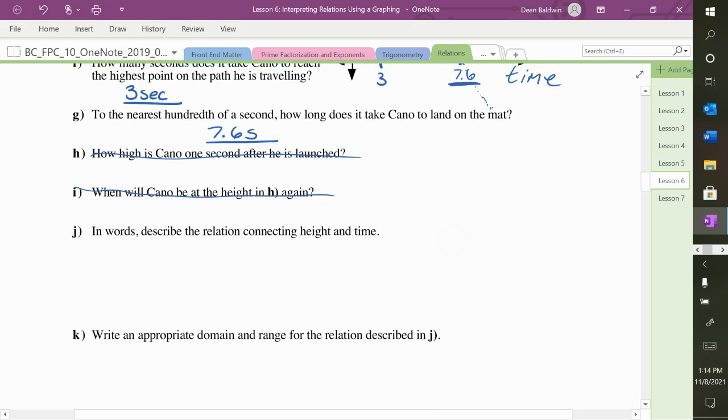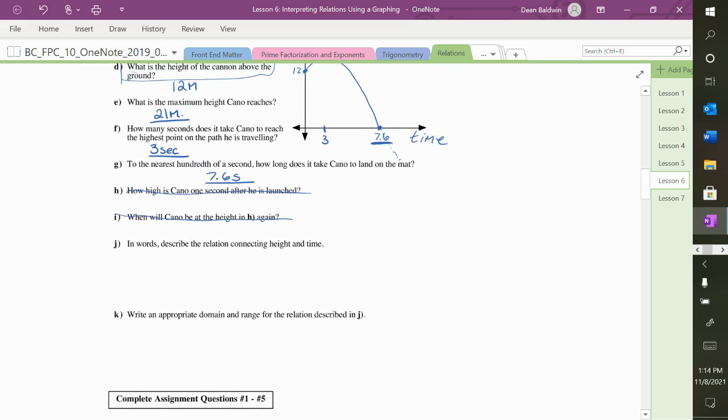All right, domain and range. Tell me the domain and range of this graph, please. What's the domain going to be?